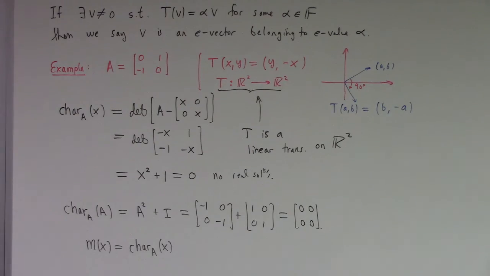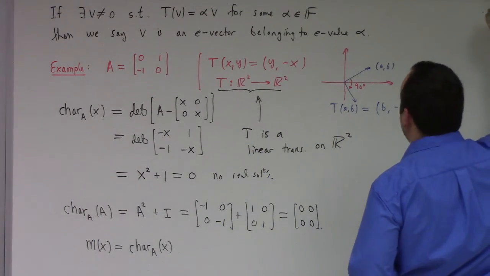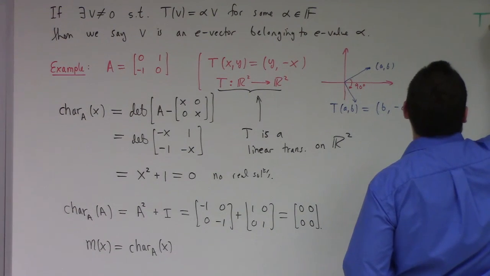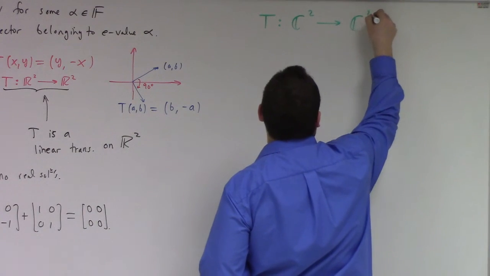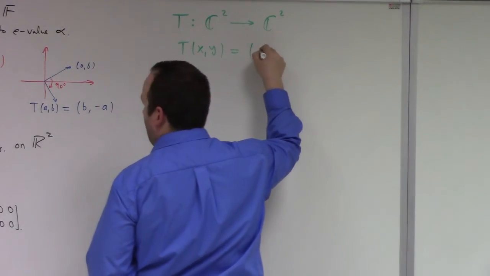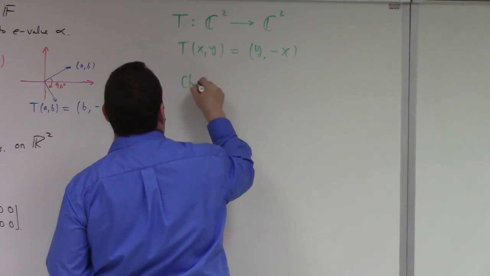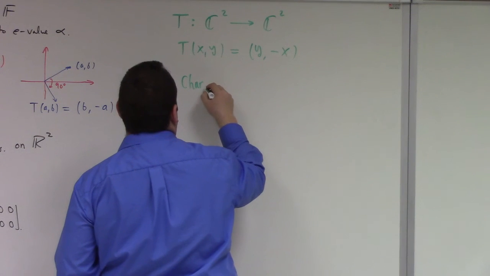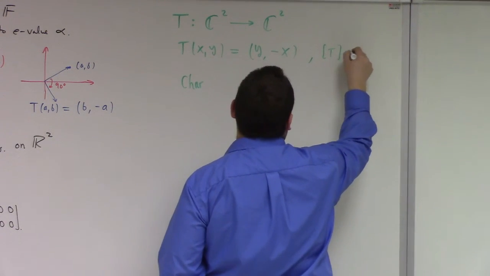But what would happen if instead of looking at this as a real transformation, we said T is the same formula, but it's a mapping from C2 to C2? We also get the characteristic polynomial, the matrix of T is the same one.